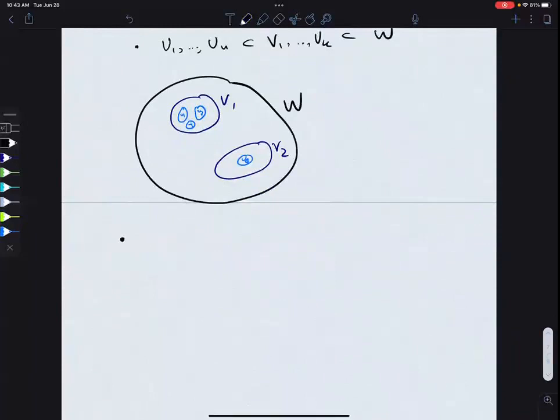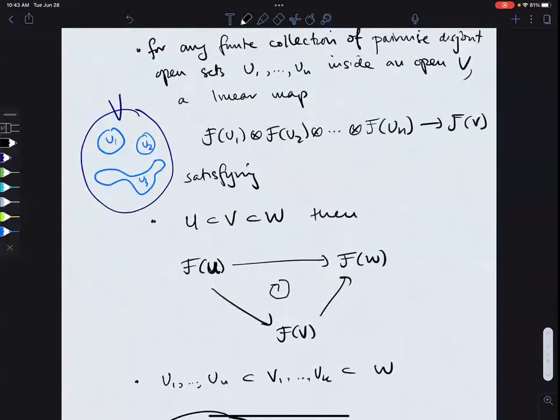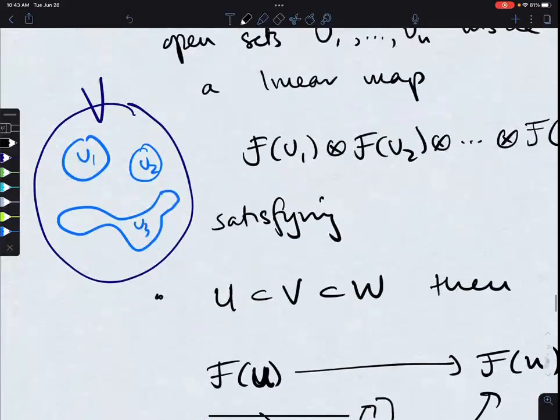And the last is that I want it to be equivariant under relabeling. Let's go back to this picture here. The way these open sets sit inside of V doesn't care about the labeling. There's just the geometry there. But when I write down this linear map, I put labels on them.